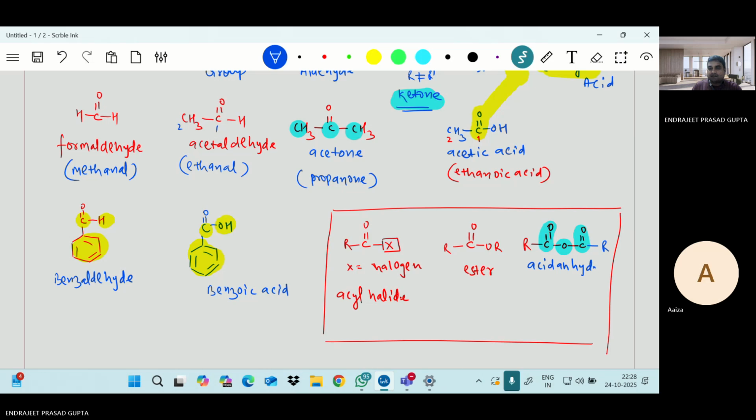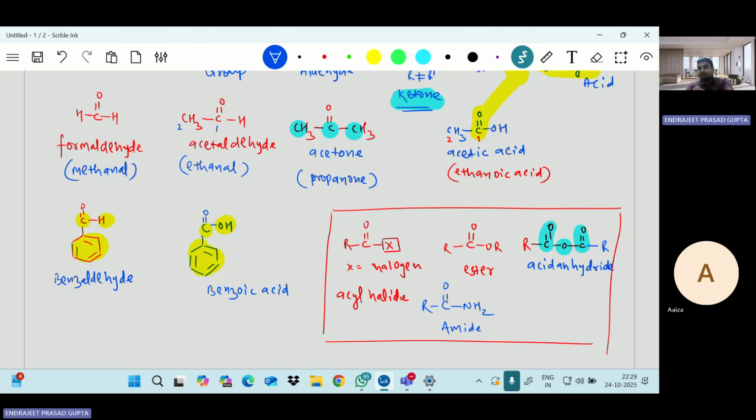It means the carbonyl carbon has R on one side and OCOR on the other side. Are you getting what I'm trying to say? If carbonyl carbon has R on one side and NH2 on the other side, this is called amide. You should know that this is amide. Fine?